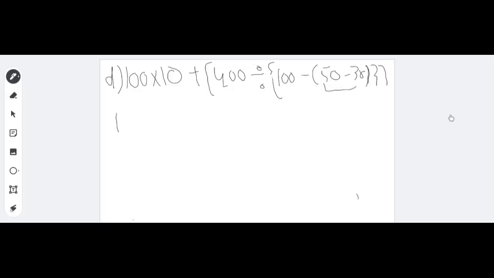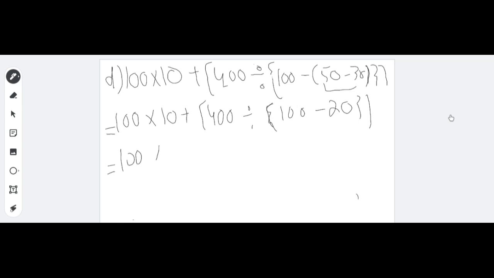Divide, then 100 multiplied by 10 plus 400 is divided by 100 minus 5 minus 30, which is 20. Then we have to put the curly bracket here, then close the square bracket, then 100 multiplied by 10 plus 400 is divided by 80.